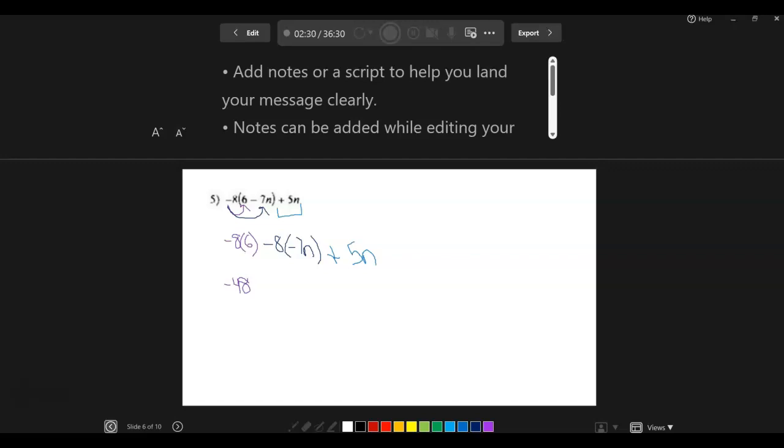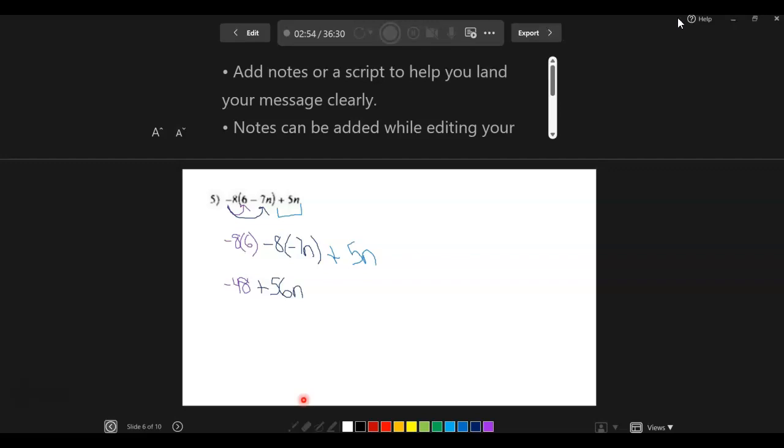A negative 8 times a negative 7. So a negative times a negative is going to give me positive. So now I'm going to get to put a plus sign. Plus 56. 8 times 7 is 56.